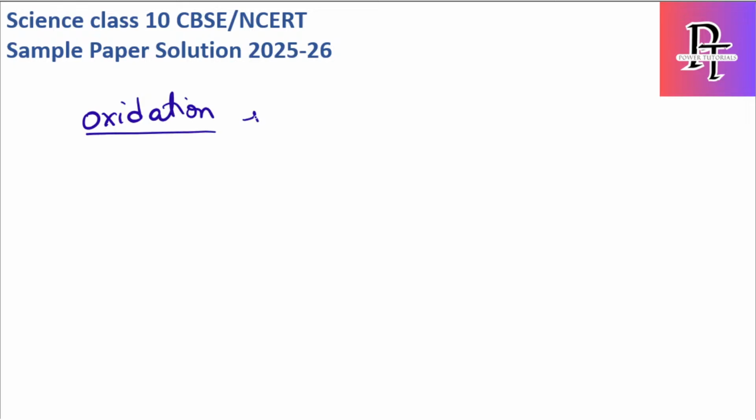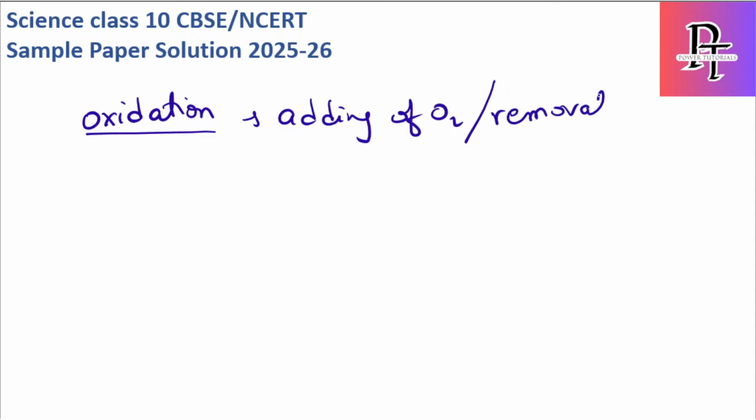So oxidation is addition of oxygen or removal of hydrogen. If this happens for a metal, then we call it oxidation. What about reduction reaction?